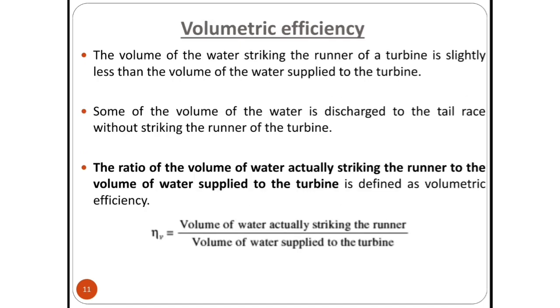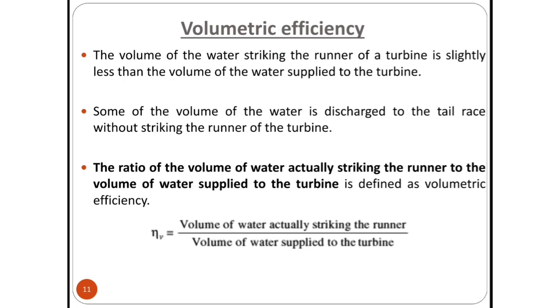So let us go with the volumetric efficiency. The volume of water striking the runner of the turbine is slightly less than the volume of water supplied to the turbine. Usually one volume of water will be supplied to the turbine, but the same volume of water will not strike the vanes. So 100% of water will not strike, and there will be some loss of water.